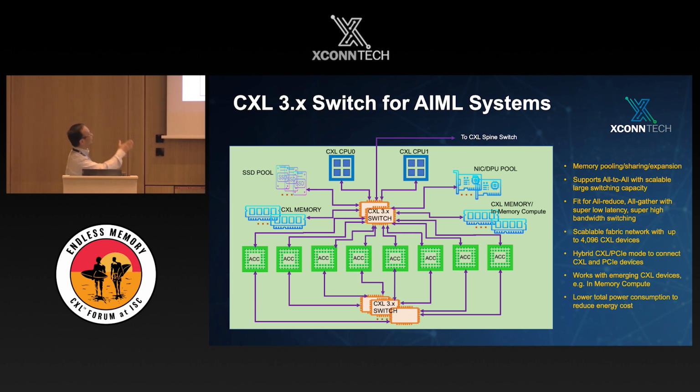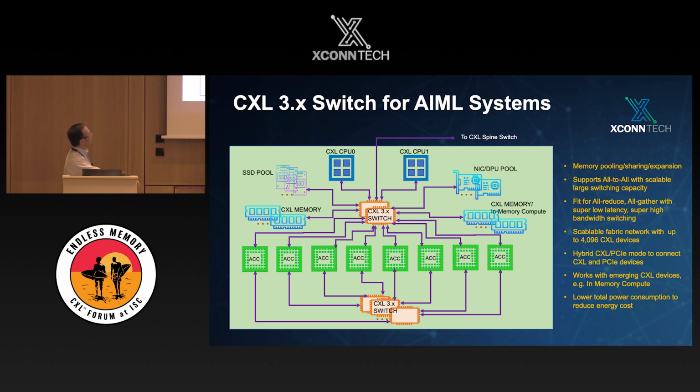Anybody familiar with this picture can probably recognize that it is a little bit similar to what a lot of AI computing platforms use right now. There are a number of accelerators and CPUs, memory devices, storage devices, and NIC cards, all connected. However, it's a little bit different, right?